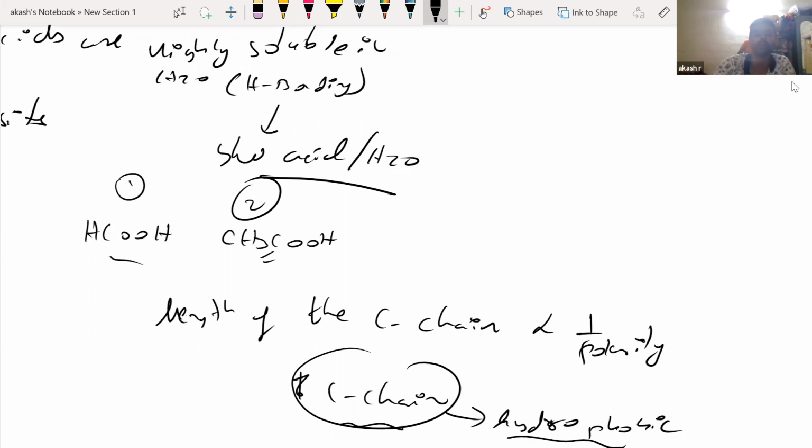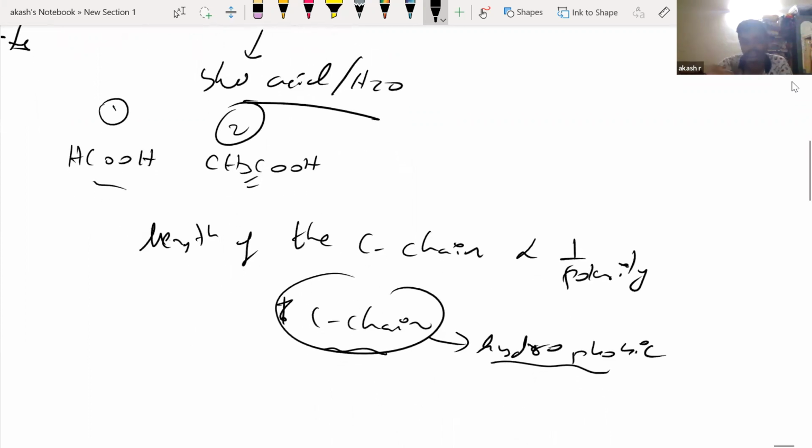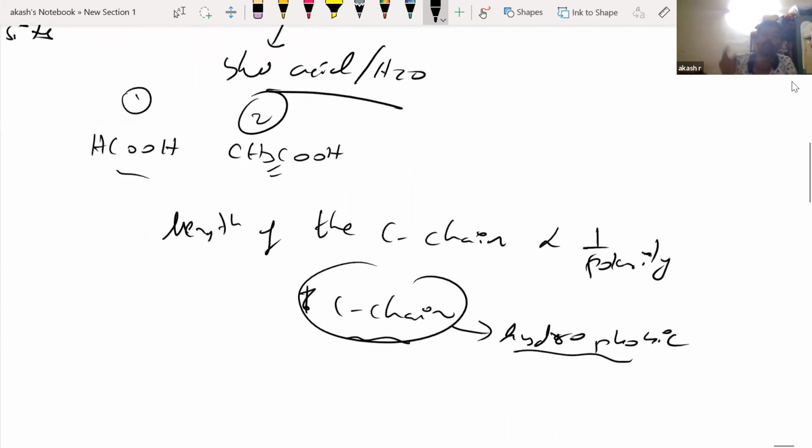Anyway, the more the number of carbon atoms in the chain, the more is the non-polar or hydrophobic nature, so the molecule becomes less and less polar. It has lesser polarity as the length of the carbon chain increases, because the chain is hydrophobic and non-polar. All those are connected.